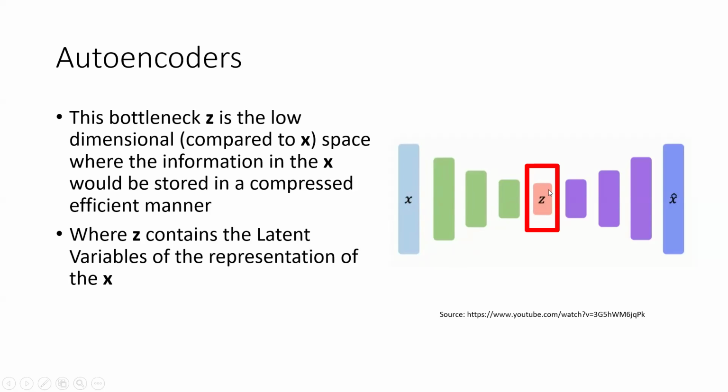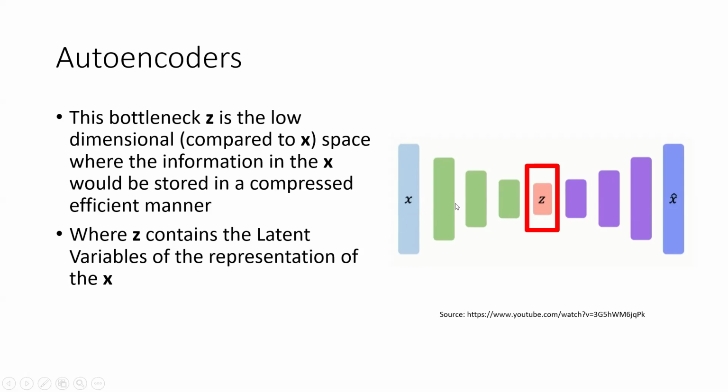So this is the smallest layer. So this should contain the most compressed and most efficiently kept information related to this x vector. Right? So in other words, Z is like a compressed version of this x vector.